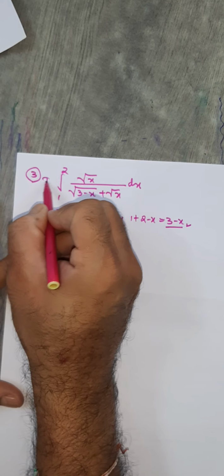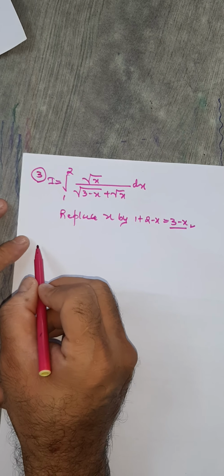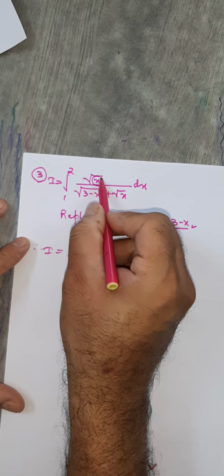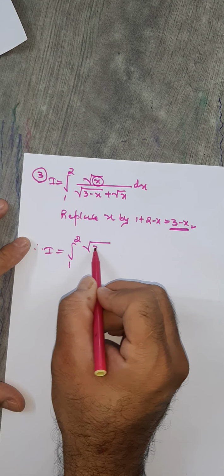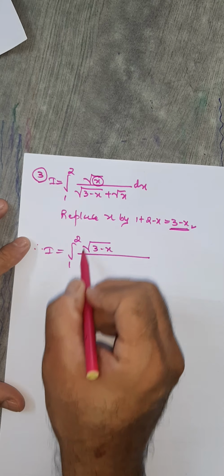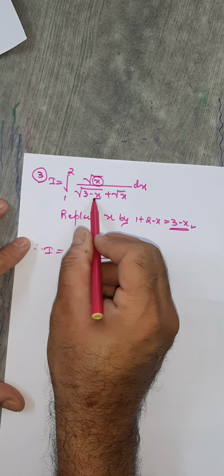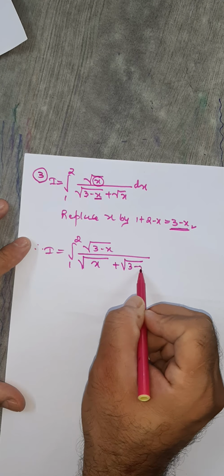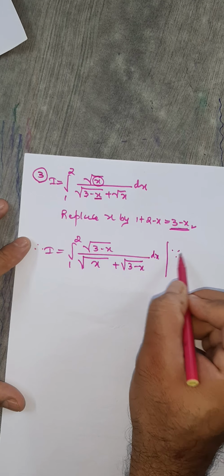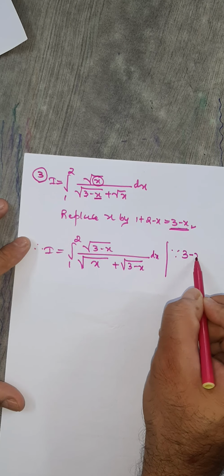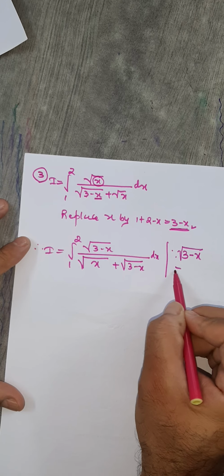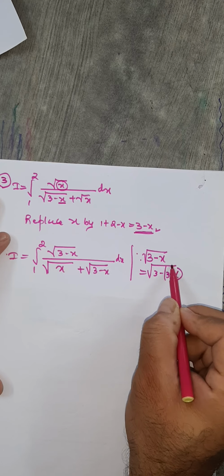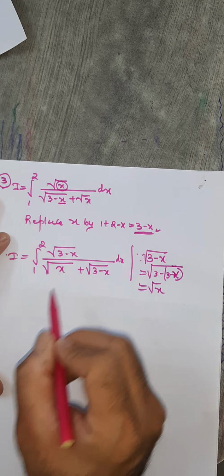Call this as I, and therefore again I equals integral 1 to 2, x is replaced by this, so root 3 minus x. What will happen in the first term? 3 minus x inside the square root equals 3 minus x here. So it is just root x, so I wrote here directly.